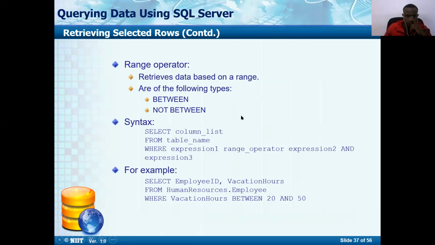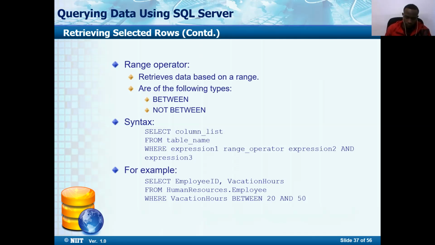Then there are also what are called range operators. These operators allow us to deal with a range of values. Basically, we are looking at between and not between. And this is very useful, especially when you're dealing with dates and numbers. Sometimes you may want to retrieve employees who were born in a particular period.